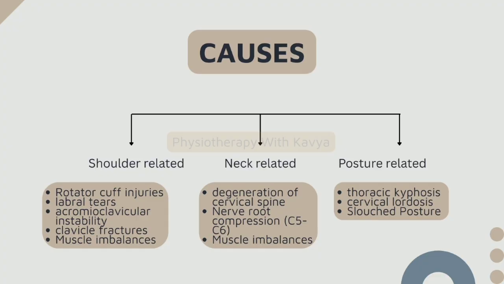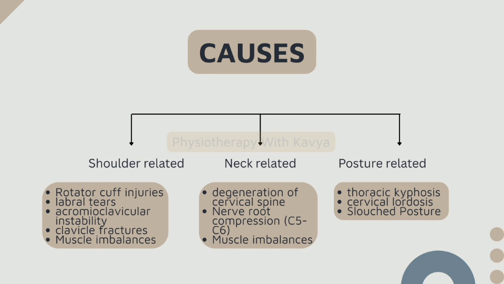So if the position is abnormal or the motion is abnormal or if the scapulohumeral rhythm is disturbed, then it's definitely scapular dyskinesis. Now we'll look at the causes, which can be shoulder, neck or posture related.